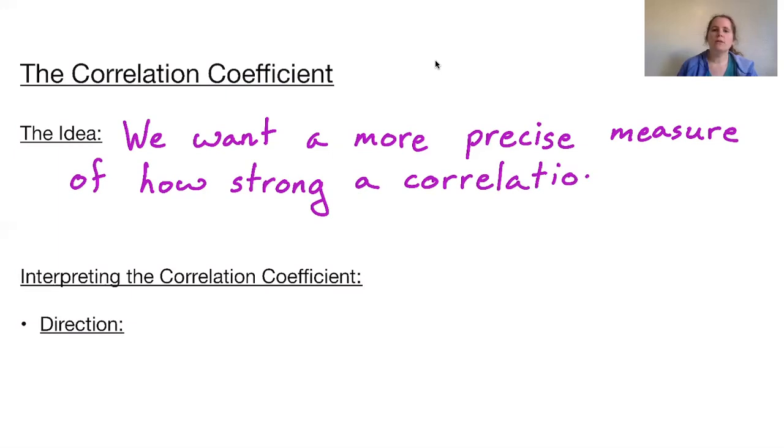And so we introduce the correlation coefficient R.